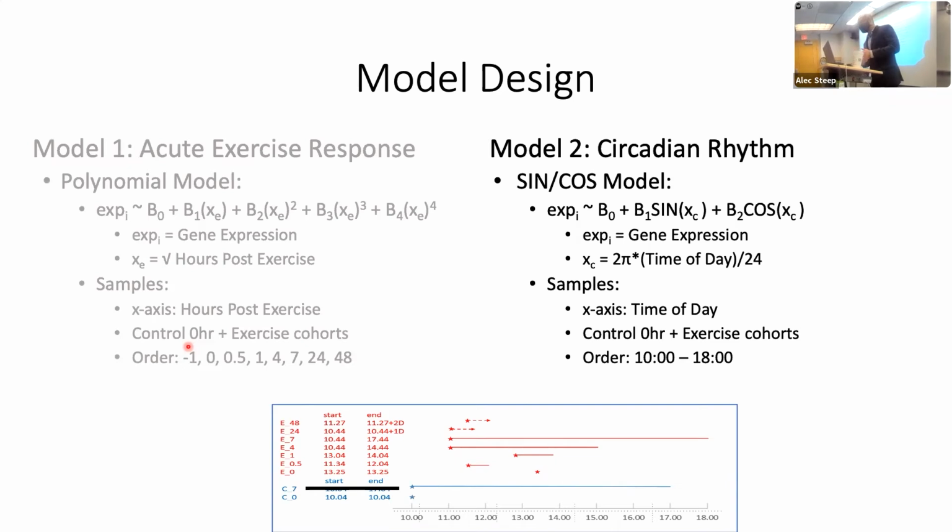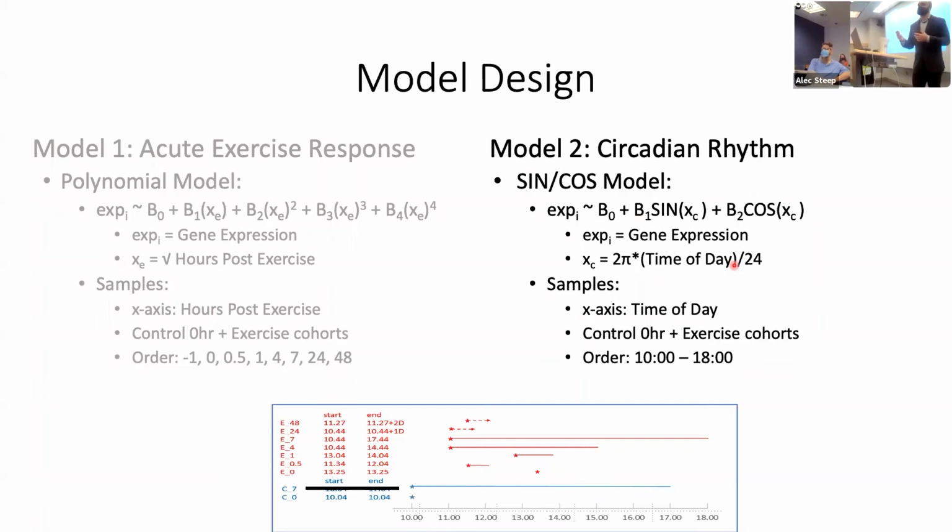Model 2 is a model for circadian rhythm. This is a model with 3 parameters: baseline, magnitude, and phase. It is assumed to have a 24-hour period, and an equivalent function is right here, where we are modeling the normalized gene expression, and we have our sine and our cosine terms. In xc right here, we've got 2 pi times the time of day.